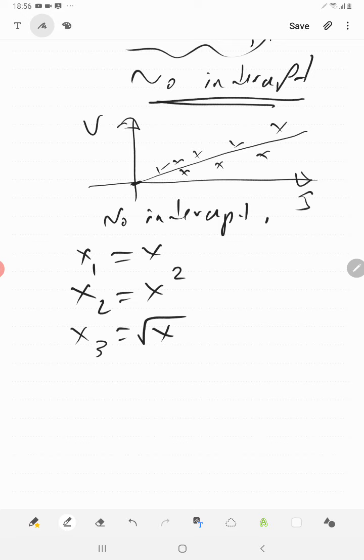Then we generate y. Y is a linear combination, a constant 10, that should be b0. We want to estimate this, plus 3 times x, which is 3 times x1, plus 2 times x2, which is x squared, and so on.